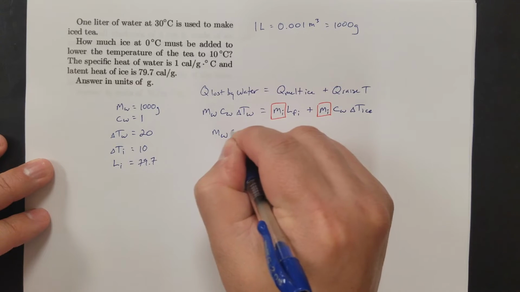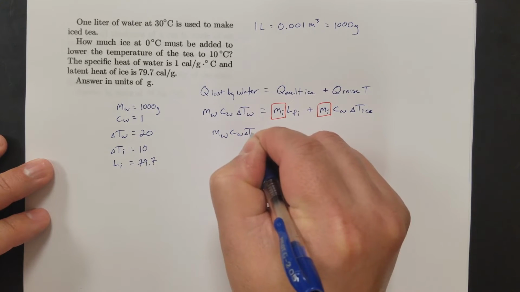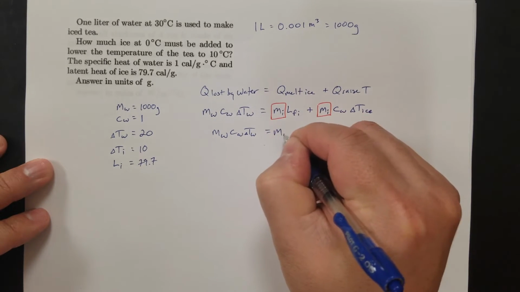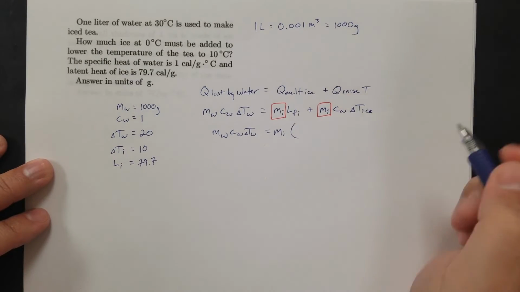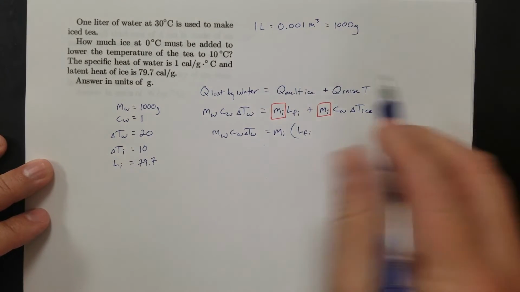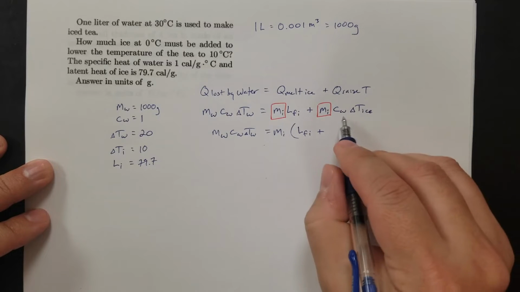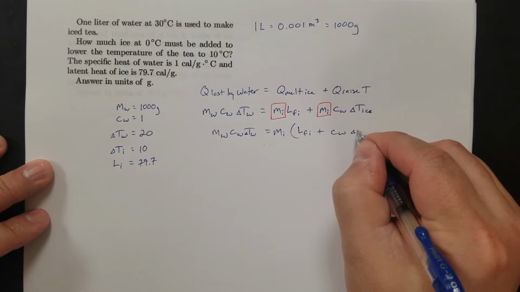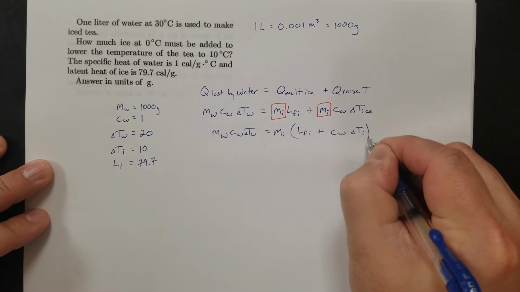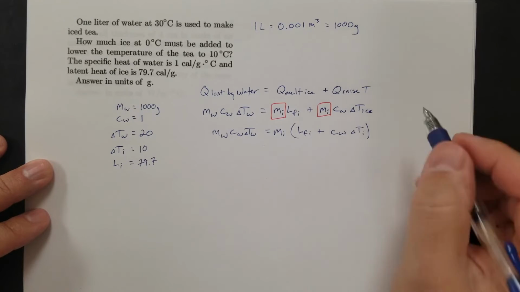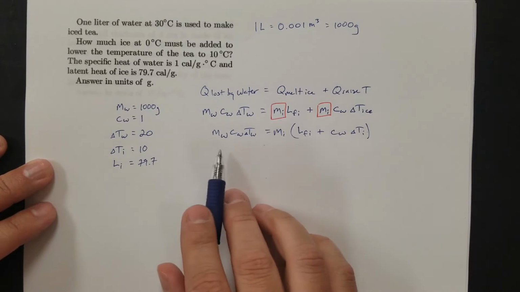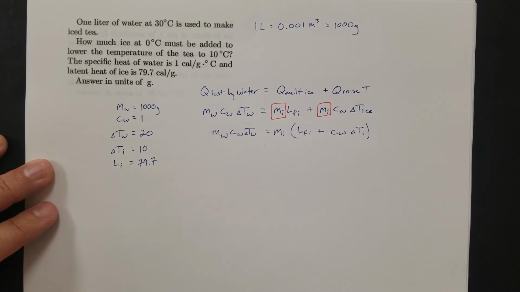So I'll do mass of the water times specific heat of the water times delta T of the water equals mass of the ice times the latent heat of fusion of the ice plus specific heat of water times delta T of the ice. I don't know why I wrote ice, I wrote I for everything else. Whatever. And now I can solve for the mass of the ice.